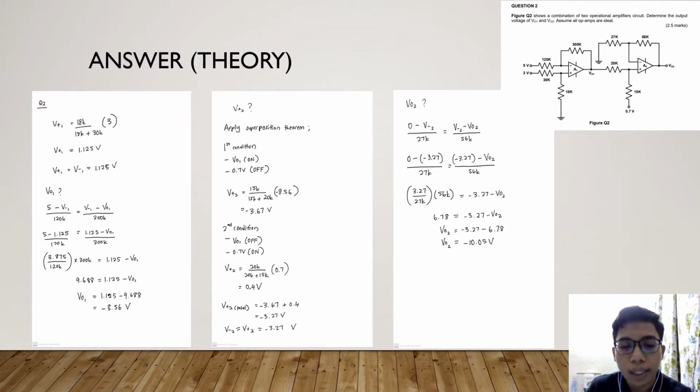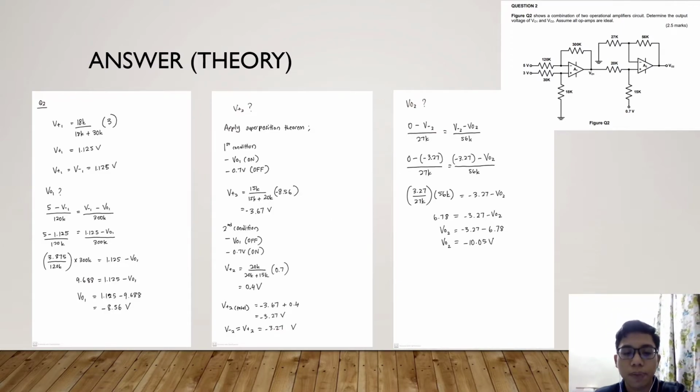For the second condition, V out 1 is off and the 0.7 volt is on. So V plus 2 is equal to 20k over (20k plus 15k) times the voltage supply, which is 0.7, so we get 0.4 volt.